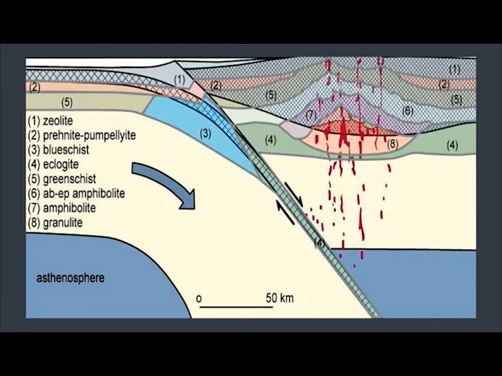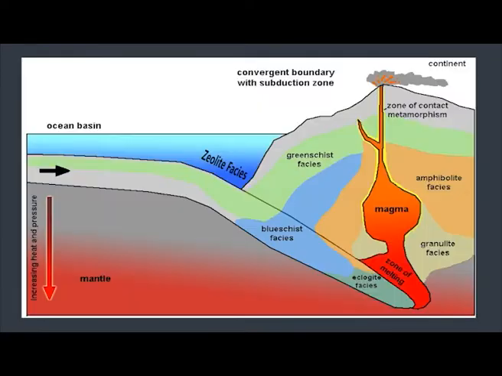Regional metamorphic rocks are formed during orogenesis and therefore their formation is associated with plate tectonics and begins from burial or subduction to various depths. The different metamorphic facies are systematically shown in the plate tectonic figure on screen. The rocks of zeolite facies are formed by burial metamorphism.